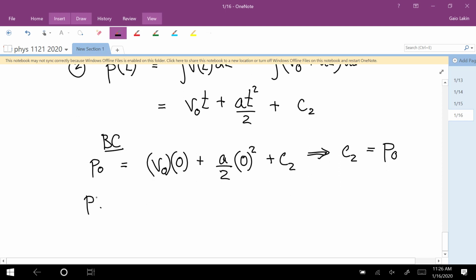And so the position as a function of time is equal to, I'm going to rearrange it to make it the way that you normally see this, p0 plus v0t plus 1/2 at squared.